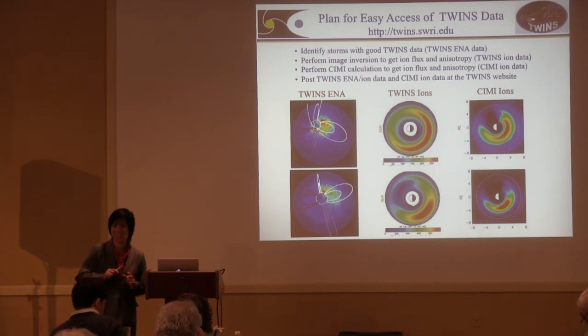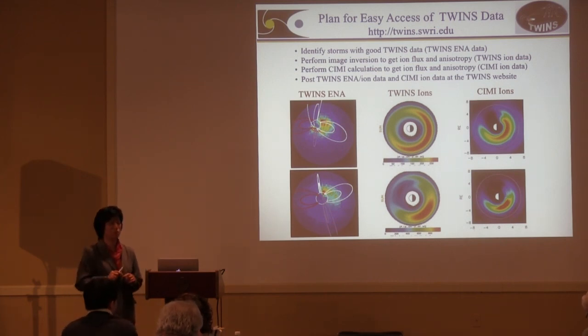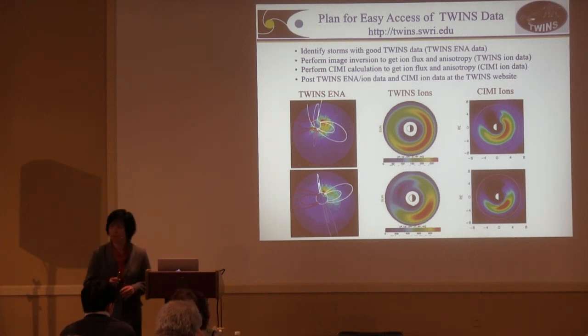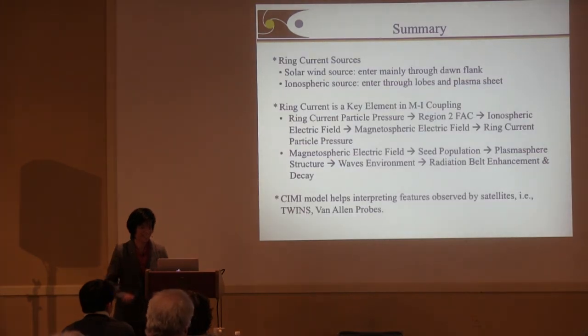Once this is done, we will put it on the TWINS website. Hopefully you will visit the site, and if you find something you're interested in, you can look at whether TWINS gives you some hints of what's going on, because TWINS gives you the global picture of the ring current. Thank you very much.